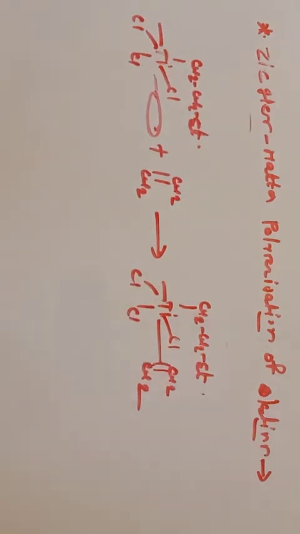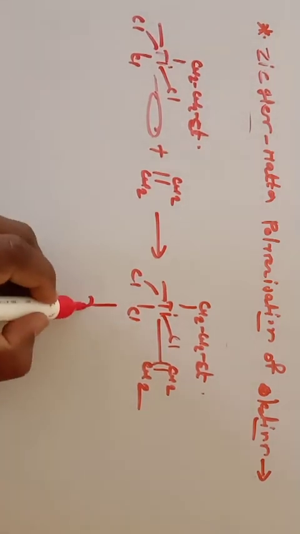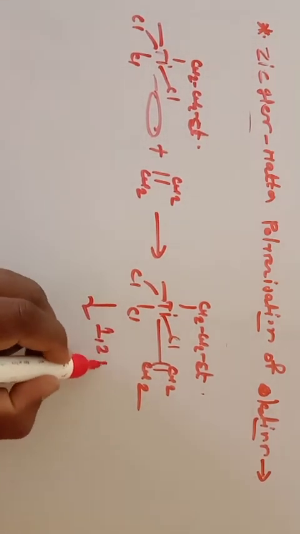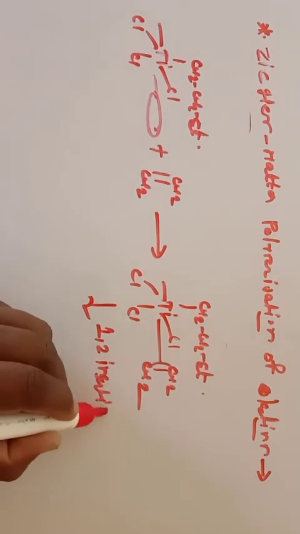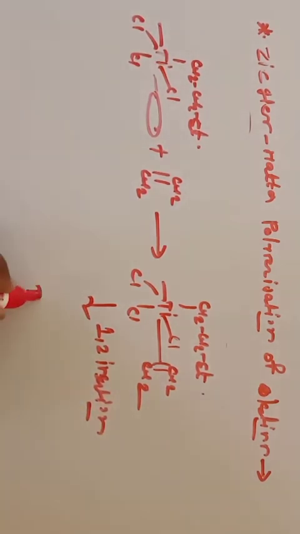Again, this species undergoes a 1,2 insertion reaction, and finally we get Ti Cl Cl with formation of a vacant site.